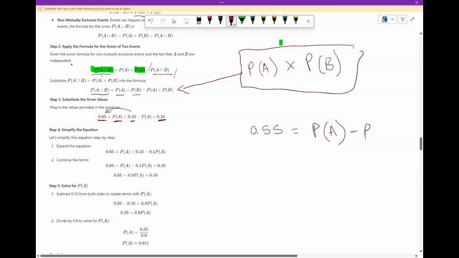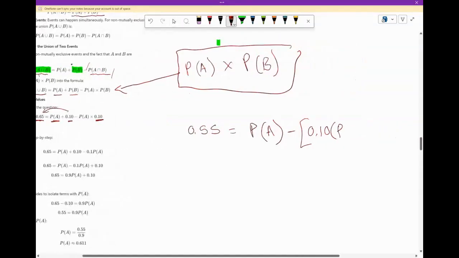Let me actually do it this way. I think it will make sense. Just remove this minus, can say 0.10 times the probability of A. Close brackets. Okay.